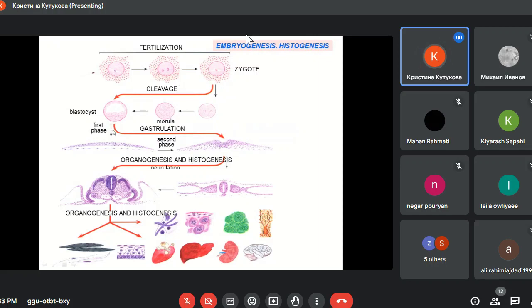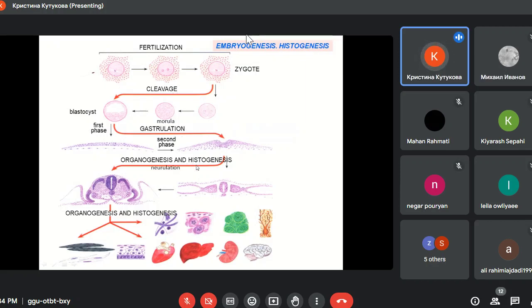And next, gastrulation takes place, which consists of two phases. The first phase is when the one-layered embryo develops into a two-layered embryo. So the first phase is one layer to two layers, and the second stage of gastrulation is two layers to three layers. And then the stage of organogenesis and histogenesis starts.